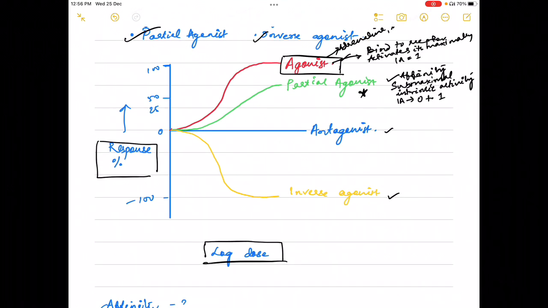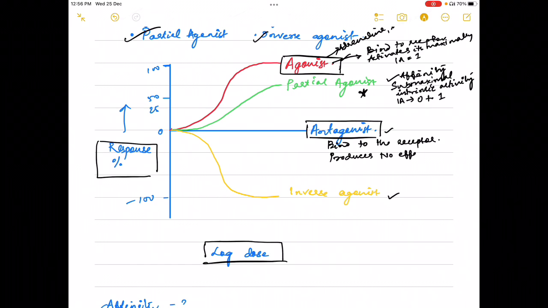Okay, now coming to antagonist. So what are these antagonists? These are the drugs that bind to the receptor but produce no effect. Here you can see there is no effect of the drug. They bind to the receptor, produce no effect.